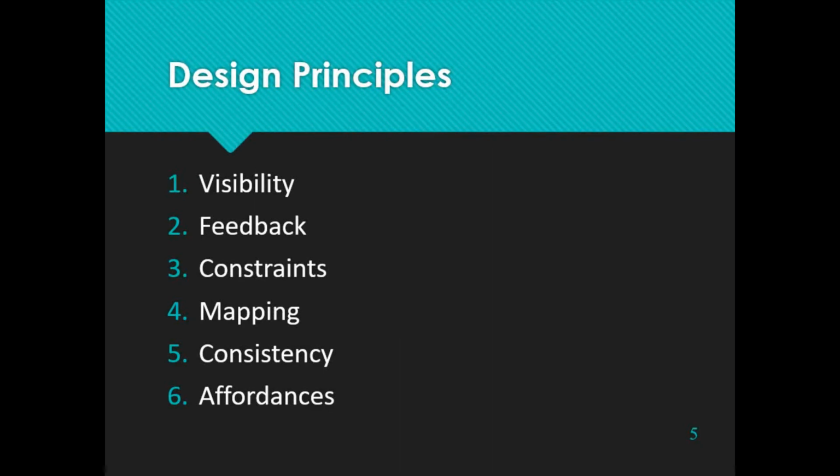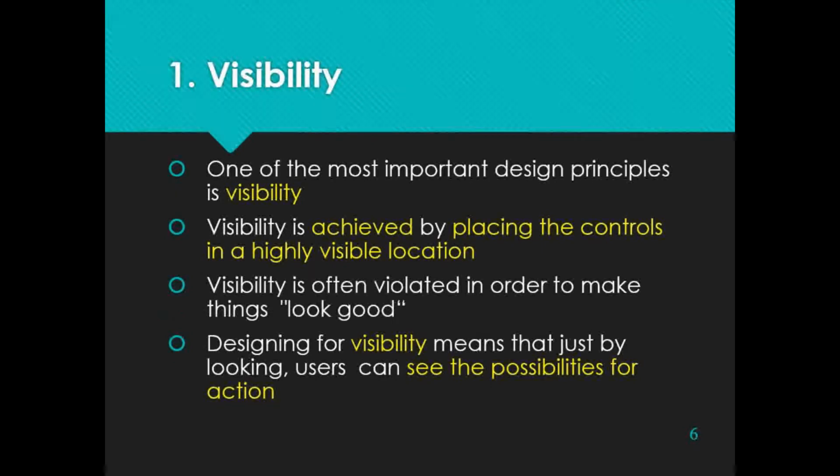For design principles, according to Donald Norman, we have 6 design principles: the first one, visibility, the second one, feedback, the third one, constraint, the fourth one, mapping, the fifth one, consistency, and the last one, affordance. Visibility is one of the most important design principles.